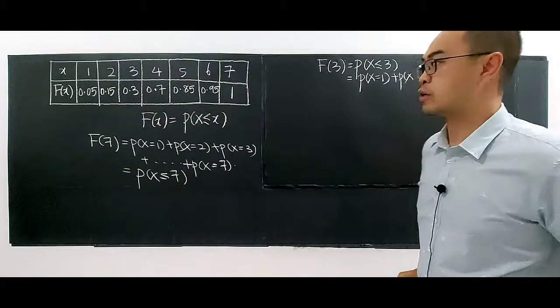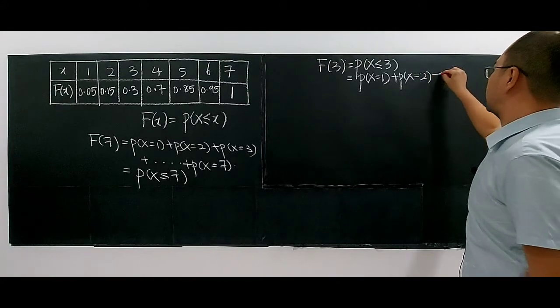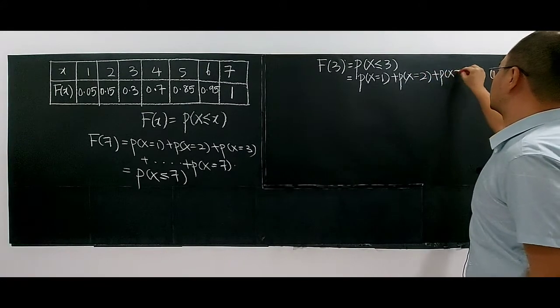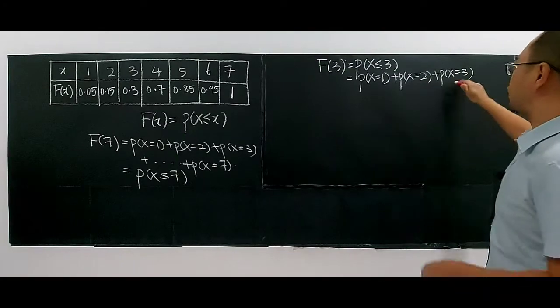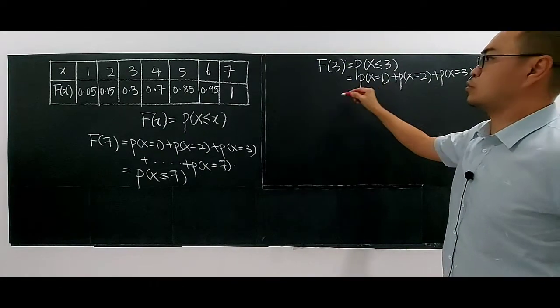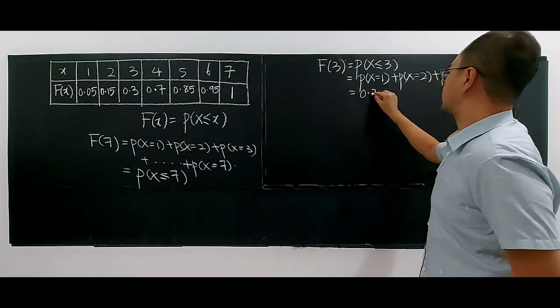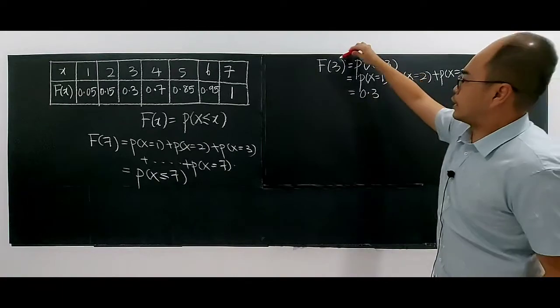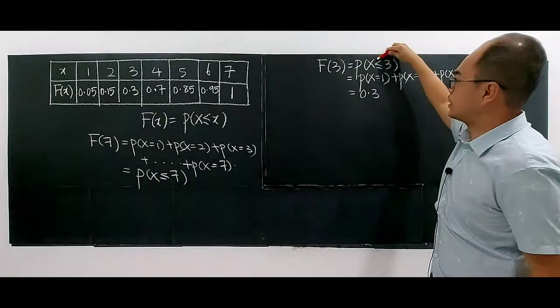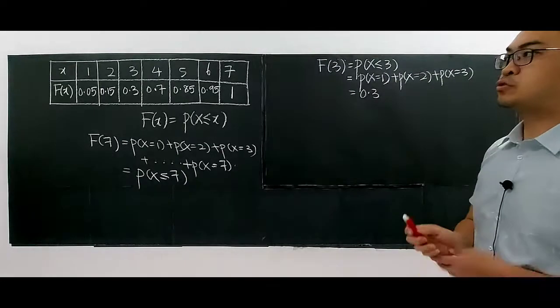Only 7 random variables, okay? So you have X equals 2 plus P(X equals 3), right? If you add up all this, you will get F(3), which, according to the table, is 0.3. Less than or equal to 3 means 1, 2, or 3. Then you should understand this.